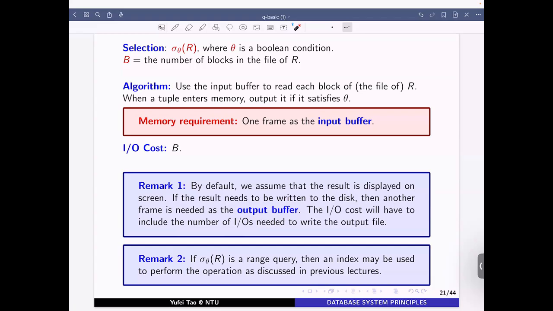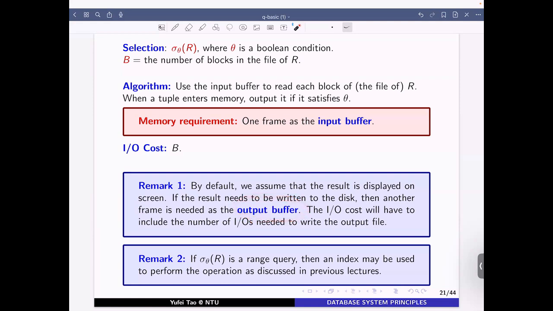By the way, you always write the output file in blocks, one block each time. Therefore you wait until you have created an entire block, and then you perform one write I/O to flush this block to the disk.